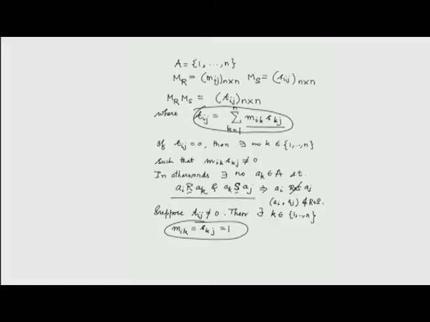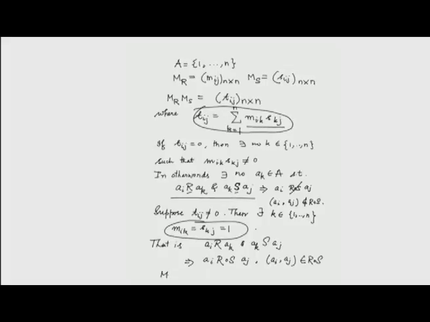That is, a_i is related by the relation R to a_k and a_k is related by the relation S to a_j, which implies a_i R composition S a_j, or if we like to write, the ordered pair (a_i, a_j) belongs to R composition S. Thus, this proves that the product M_R times M_S has something to do with the matrix corresponding to the composition of R and S.